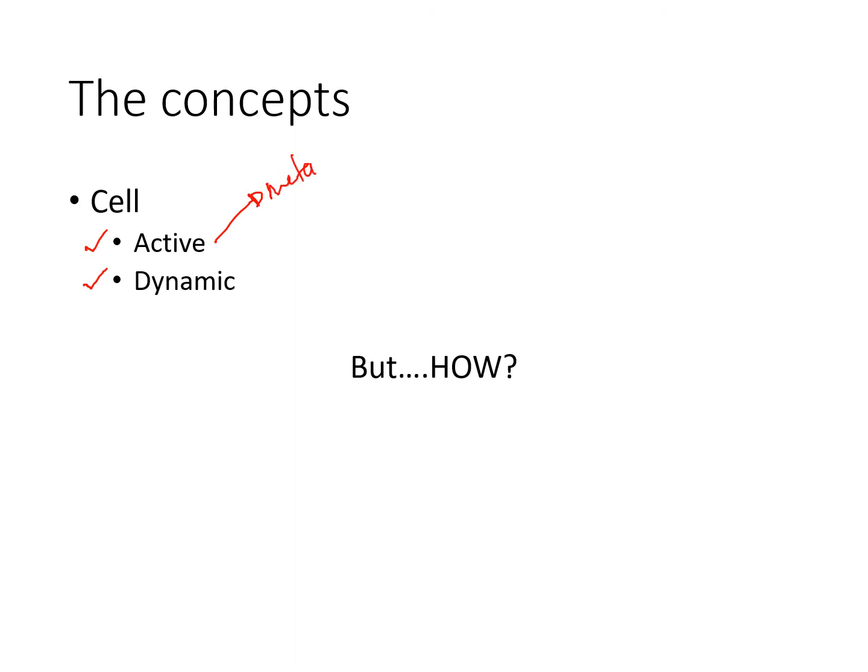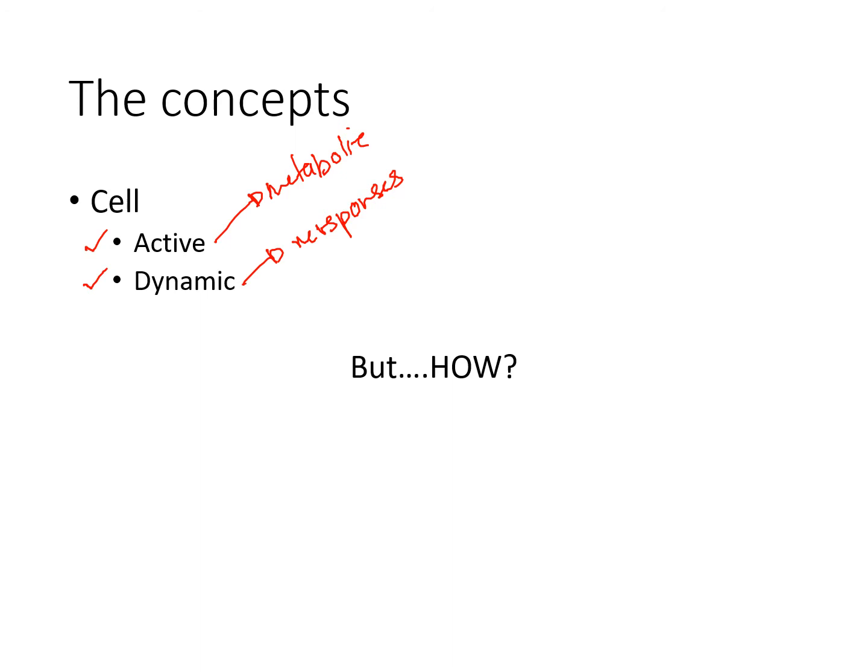So it's more on the metabolic activities. While for the dynamic property, it is depending on the ability of the cell to respond to the external environment. So these are the cellular responses, okay, against the external environment.